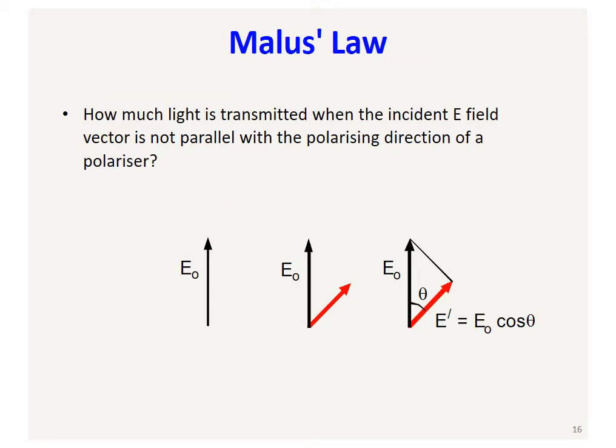Malus's law helps us predict what will happen when polarized light is incident on a linear polarizer and the electric field vector is not parallel to the transmission axis of the polarizer. We can then resolve the electric field vector into components that are parallel and orthogonal to the transmission axis.